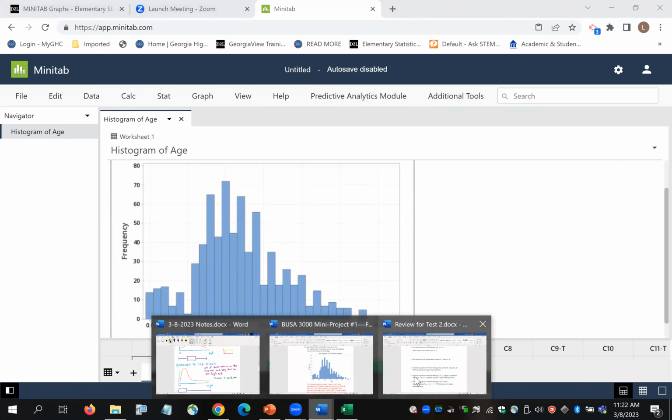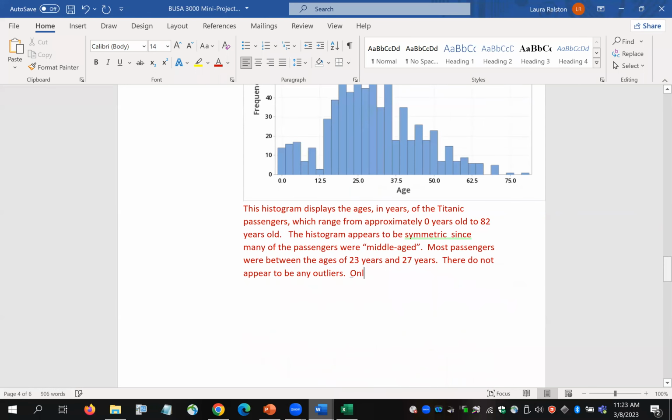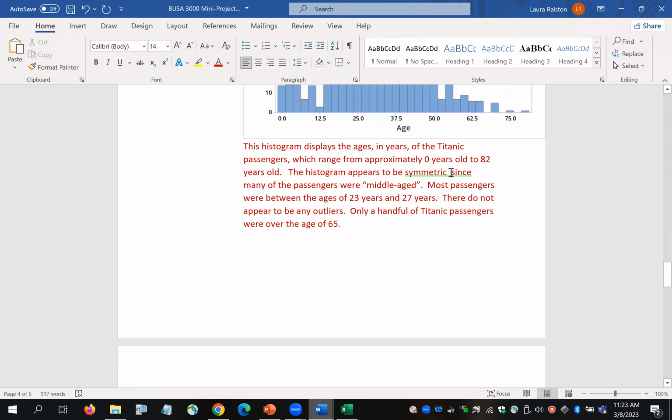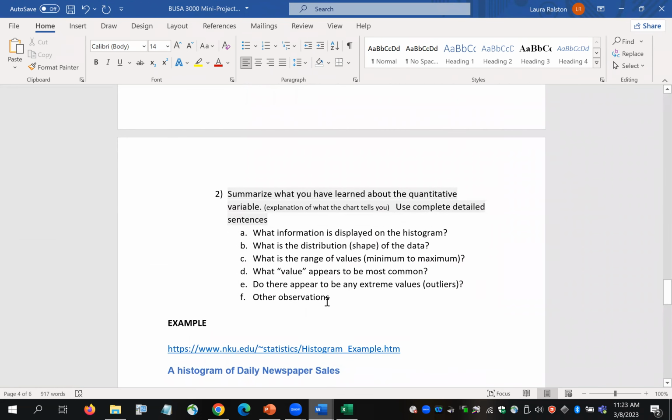So that could be an observation I make, that only a handful of Titanic passengers were over the age of 65, because I can see there's not very many out here on the end. So again, I've got how many sentences here? 1, 2, 3, I got 5 sentences. It's really not many more than we had before, but I've kind of addressed all of these questions.